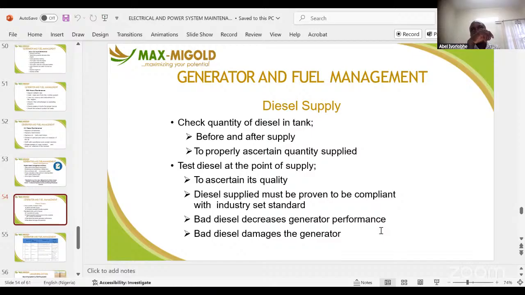What is the function of those filters? If your diesel is compromised, you now have to go and be servicing the injector pump. For the facility I managed for years, I have never had the cost to go and service it, because the filters are replaced at regular interval.